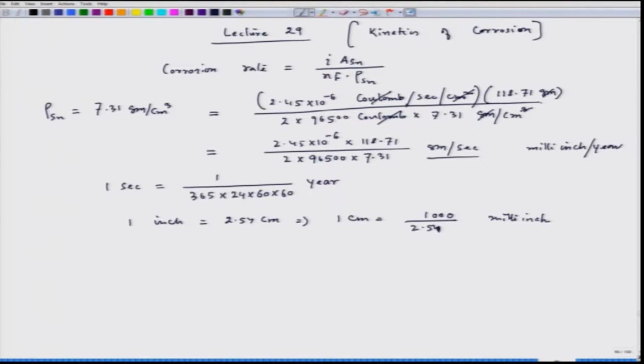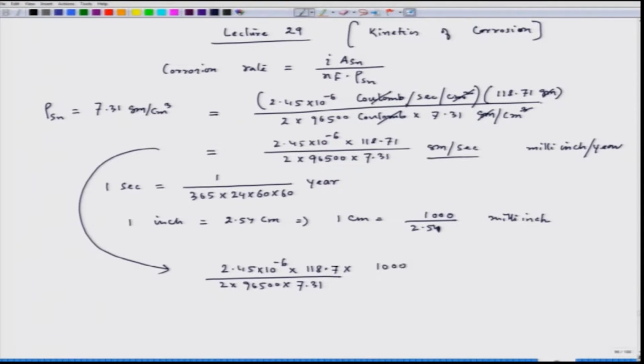So, now I will put these values here: 2.45 into 10 to the power minus 6 into 118.71 divided by 2 into 96500 into 7.31.